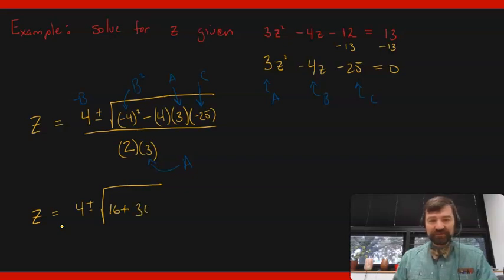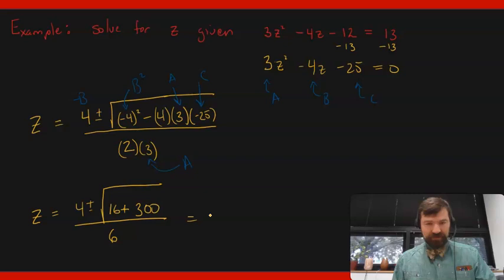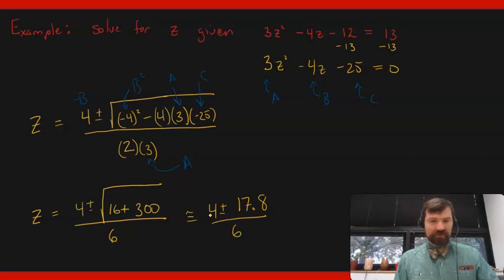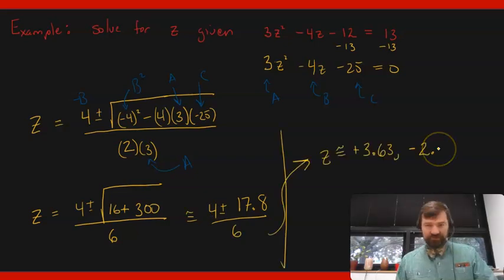I believe that comes to 300, divided by 6. Okay. So that is 4 plus or minus the square root of 316. The square root of 316 is about 17.8, divided by 6. So that gives us values of positive 3.63 and negative 2.30. And that's it.